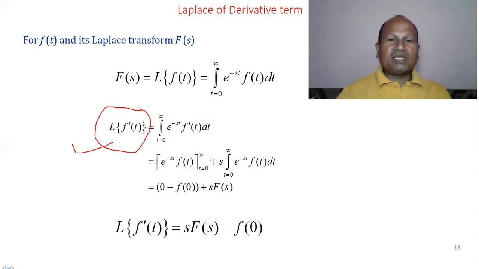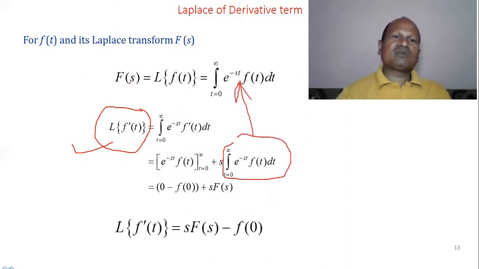So when we solve this, at infinity this will make it 0. When we put t equals 0, this will become 1 and this will become your f(0). So 0 minus f(0) plus s into, just compare this expression. This expression is nothing but the one which is actually equal to F(s). So in place of this, we can write F(s).